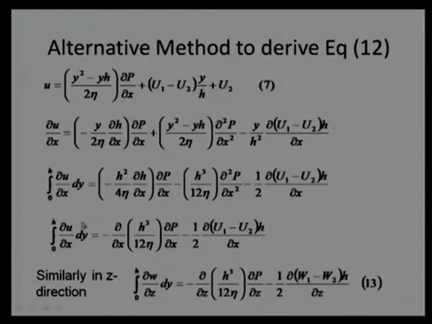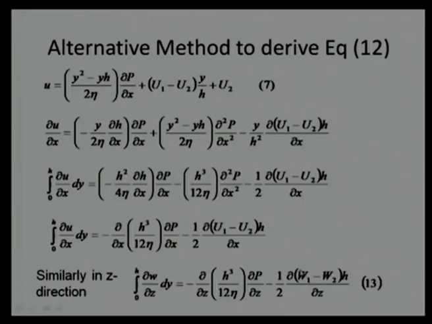So, the same, similar relation in the z direction is something like this: minus, instead of x there will be z, it will be the gradient in the z direction, h will remain the same, this term will remain the same, only the x will be replaced with the z, and here x will be replaced with the z, and u1 will be replaced with w1, u2 will be replaced with w2, right. So, we got a term in the x direction, a term in the z direction.